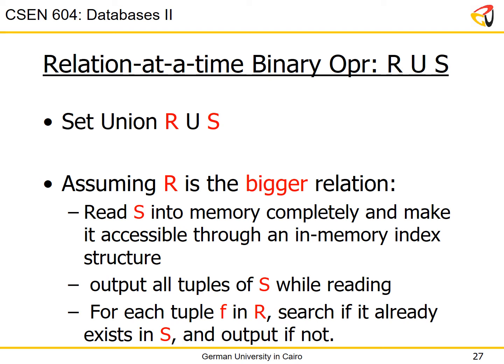I will output it, so I avoid reading it one more time. Then I will go to R and read all the tuples, so this is again one pass on R, and search if it exists in S's index. So I'm not going to go to S and read it again. This is a single pass operator. It's doing one pass on R and one pass on S.